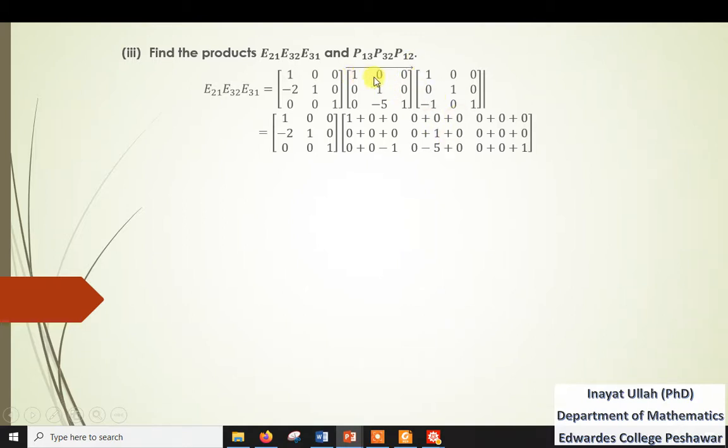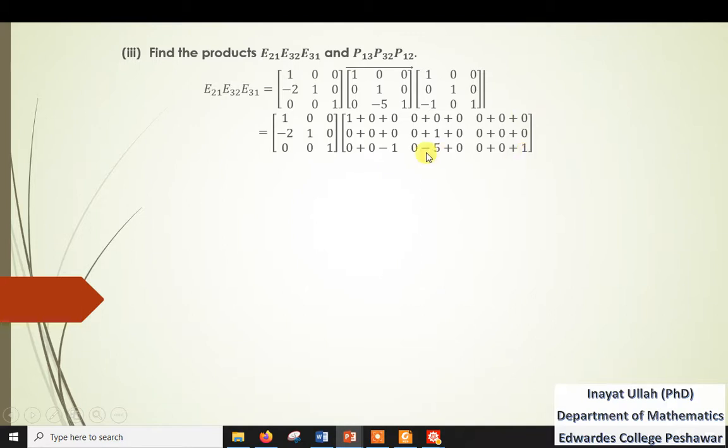Now multiply this first row with the third column: 1 into 0 is 0, 0 into 0 is 0, 0 into 1 is 0. So this is the product of the first row with all these three columns, and now close this square bracket.